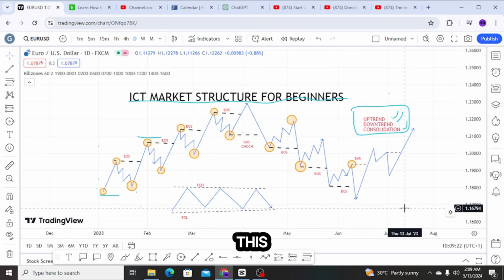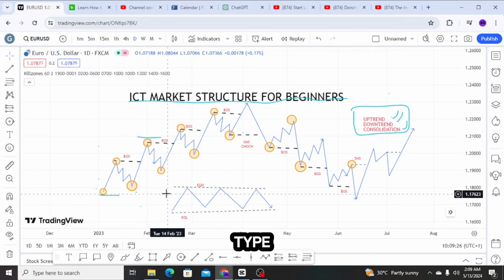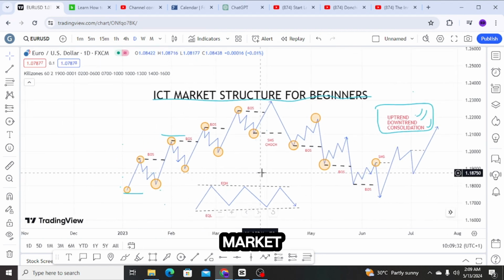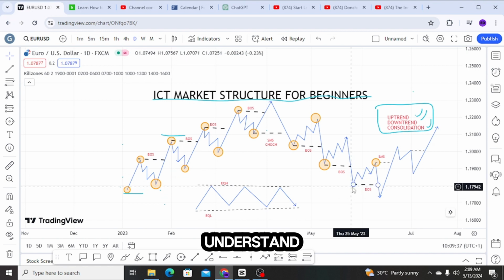Market moves this way. Now another way the market moves is in this type of movement, which is the consolidation market structure. This one is very simple to understand. The market just moves in equal highs and equal lows.